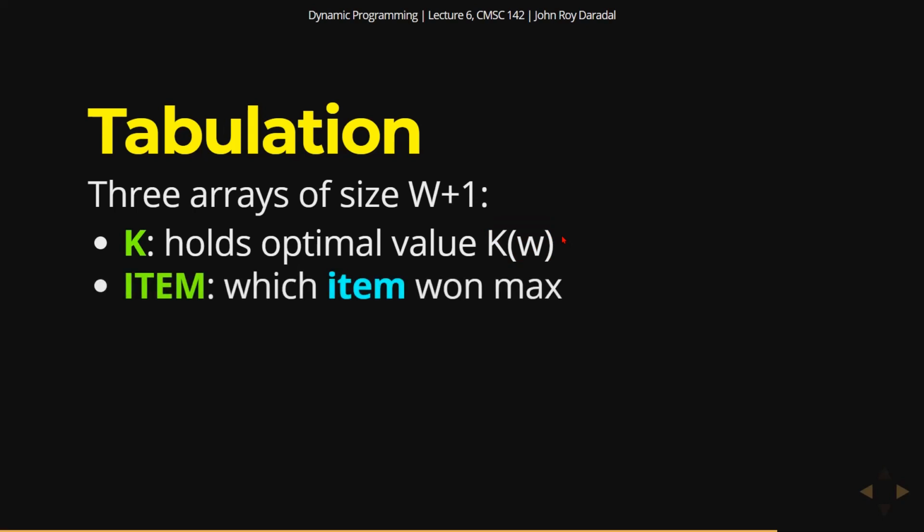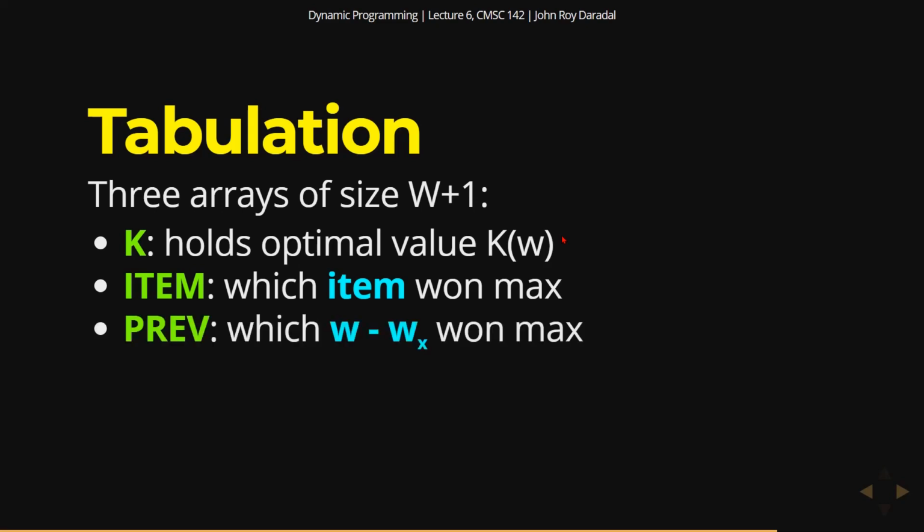The item array will tell us which item won the max operation earlier when we did the sub-problems. The previous array will tell us which previous sub-problem, the W minus Wx, won the max as well. We will use these two for the backtrace later on. The K array will have the optimal value for the unbounded knapsack.